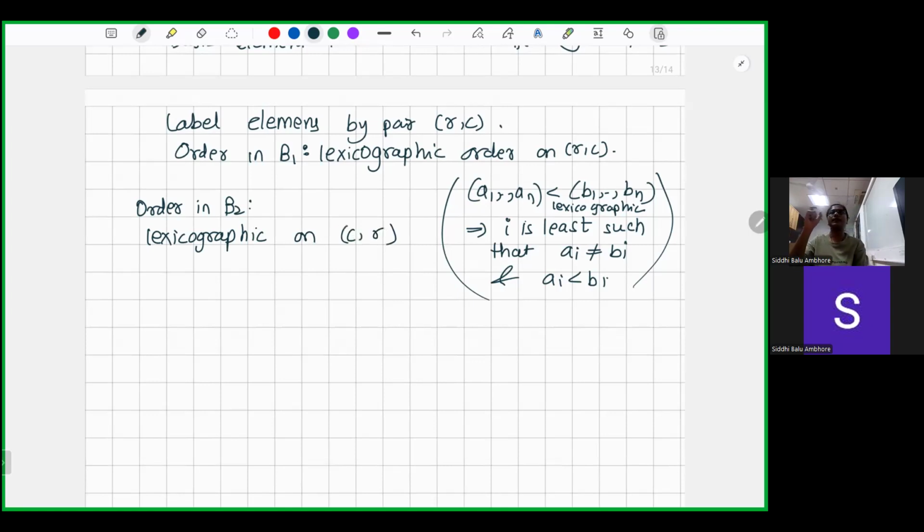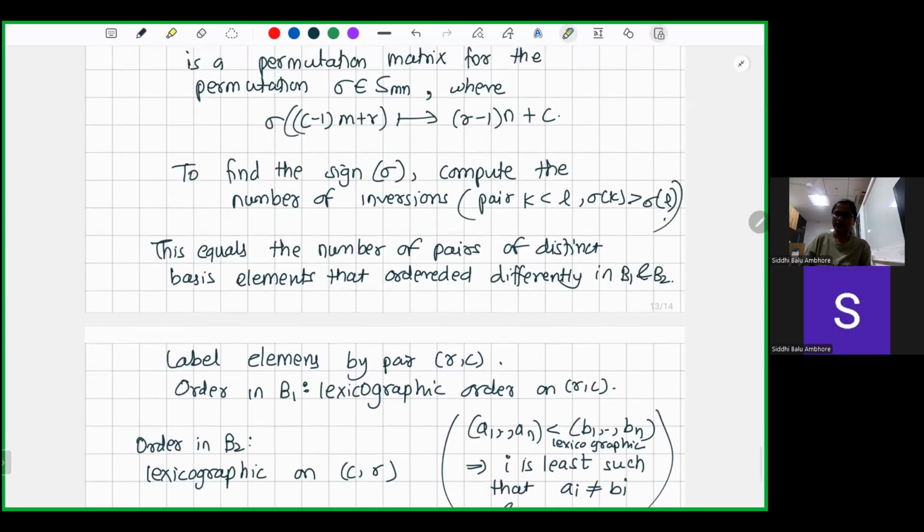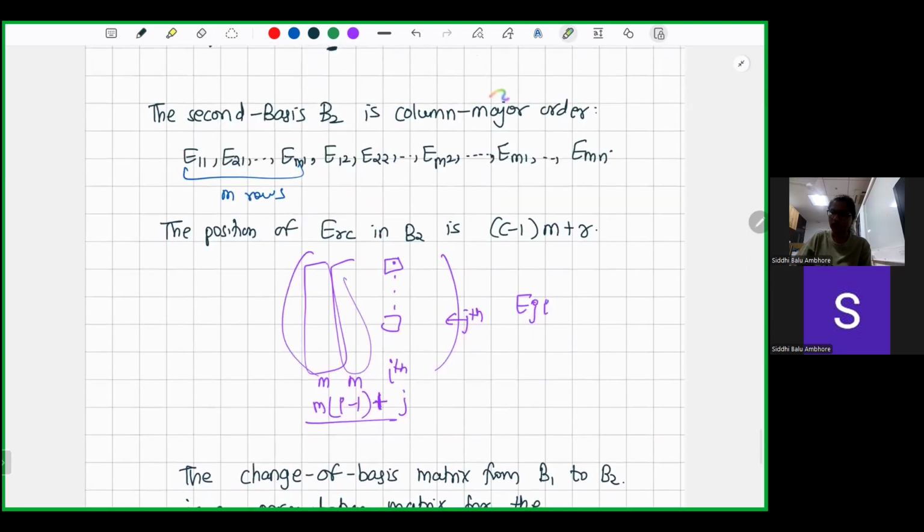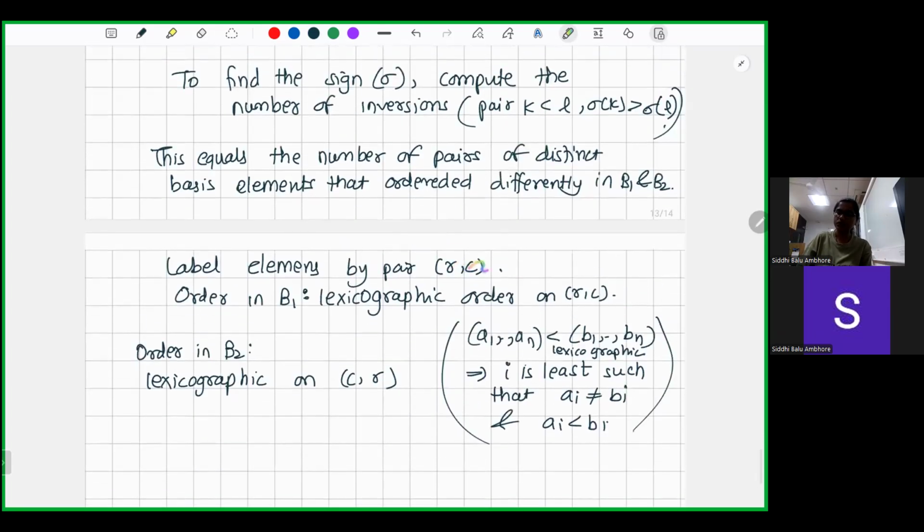So for the label RC, B1 has lexicographic order on RC and B2 has lexicographic order on CR, because in CR we are first taking care of the column, and then the rows are taken care of in B2, as it is column major. For rows, the RC will remain at the RC position under lexicographic order. It won't change.